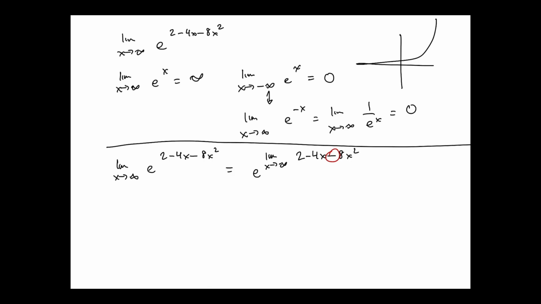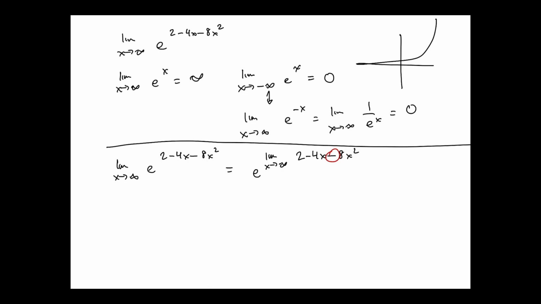Now in this case, both the sign on the minus 4x and the sign on the 8x squared were the same, so we didn't have to worry about this. But who's going to win in a tug of war, infinity or infinity squared?